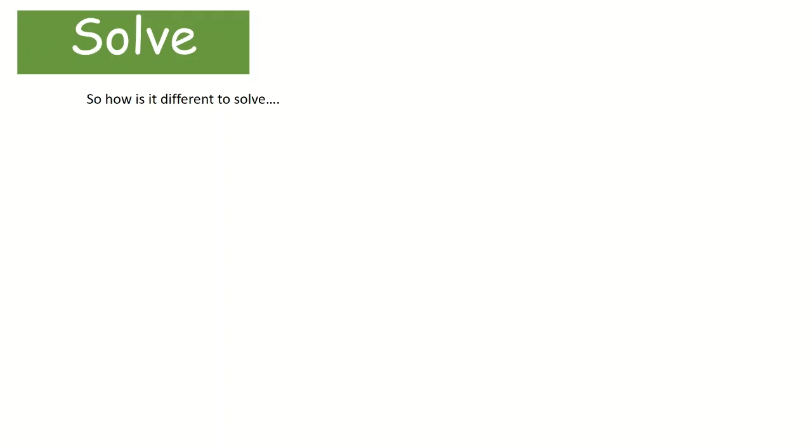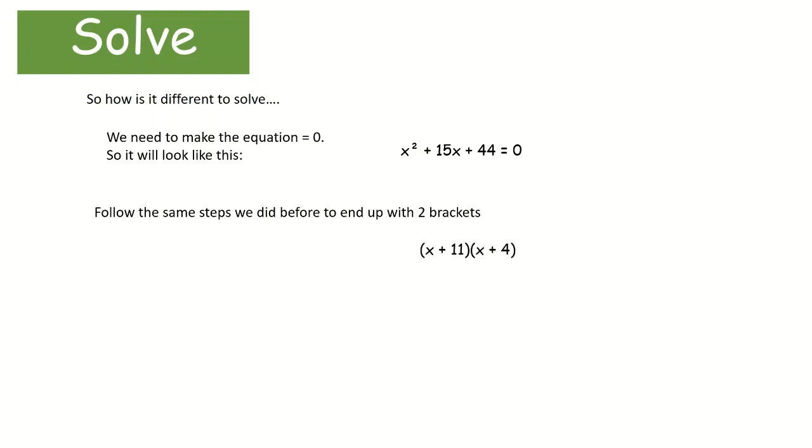So how is it different to solve? We need to make the equation equal 0, so it's going to look a bit like this. I then do the same process I've just done to get my 2 brackets. So we're all happy with our x plus 11 and x plus 4. As we said, it needs to equal 0.